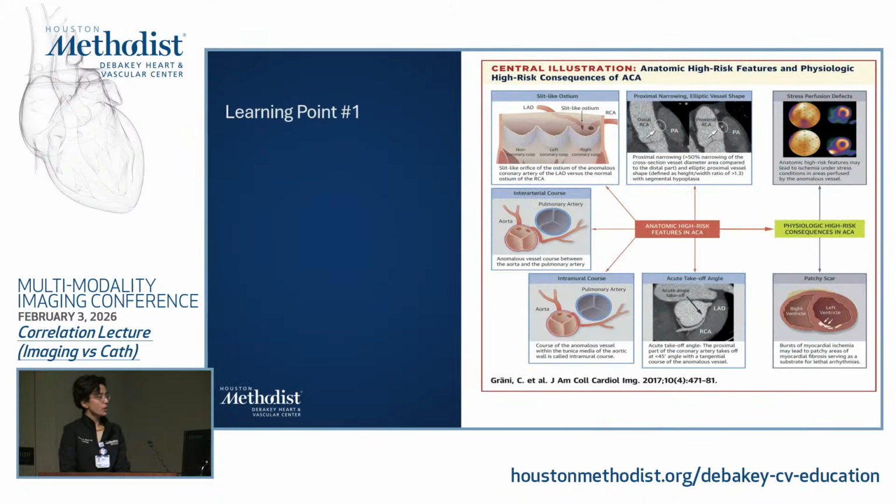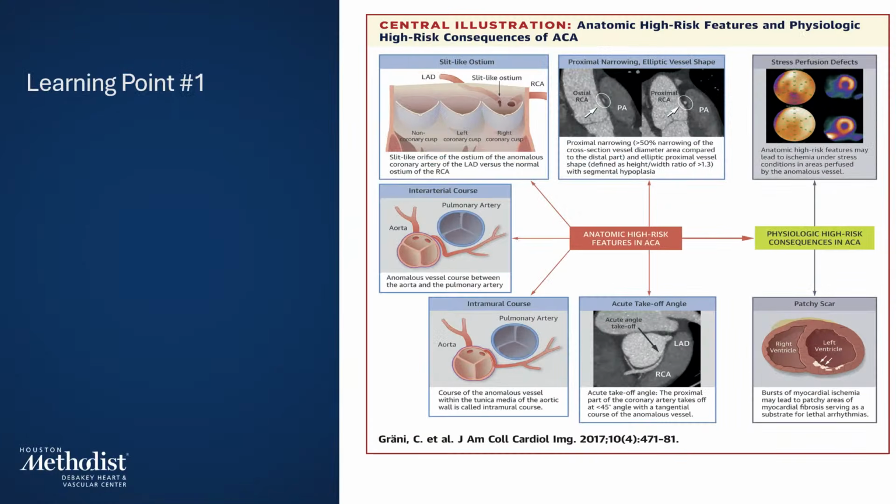So when we see this kind of coronary anomaly in CT, we look for high-risk features. Some of the features are highlighted here, like an interarterial course, meaning that the anomalous vessel courses between the pulmonary artery and aorta; an intramural course, meaning that the anomalous artery courses inside the aortic wall; or acute takeoff, as seen here; or proximal narrowing or elliptic vessel shape.